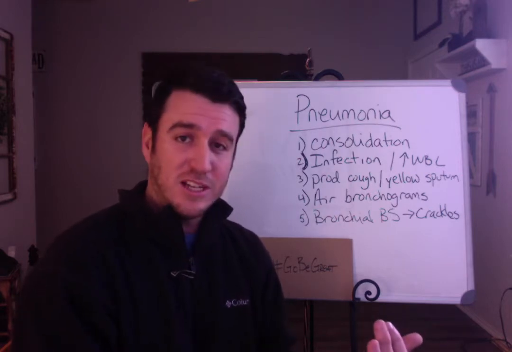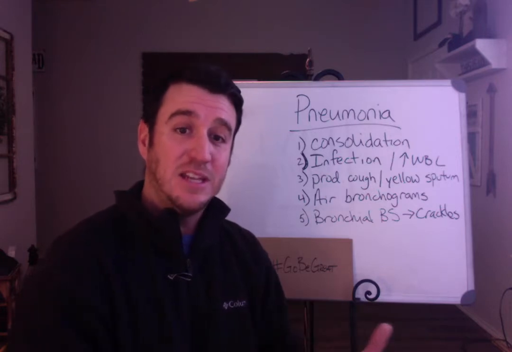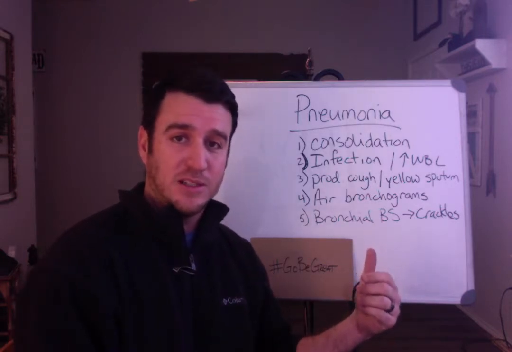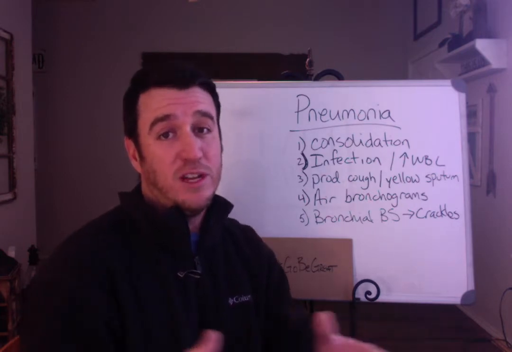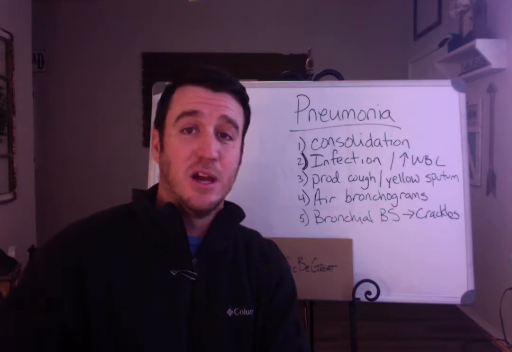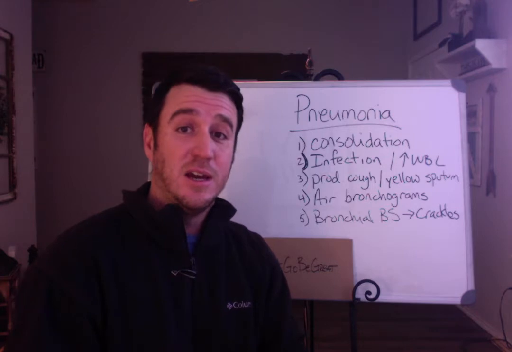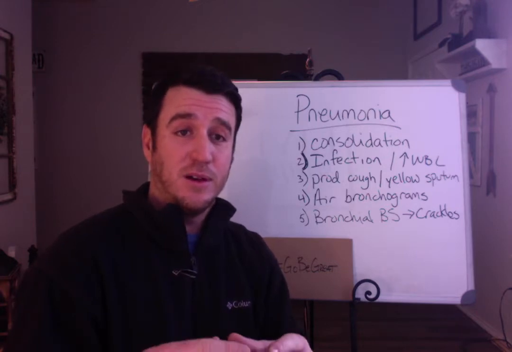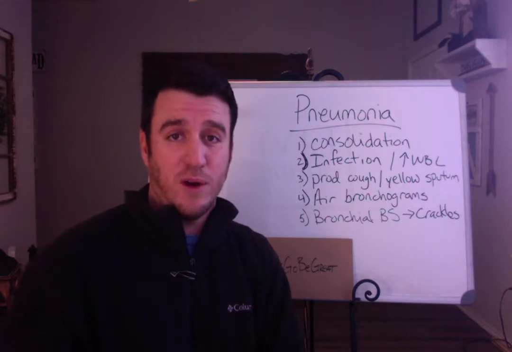When you look at your chest x-ray, you're going to see areas of increased localized opacities with air bronchograms present. And then when you listen to your patient, bronchial breath sounds moving towards coarse crackles as the consolidation is broken up. So bronchial breath sounds moving towards coarse crackles.